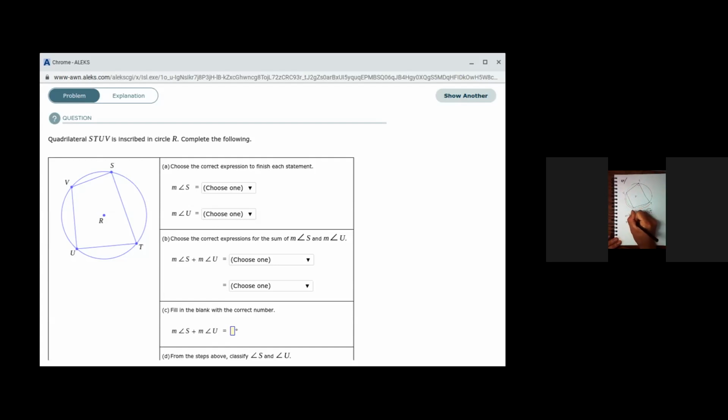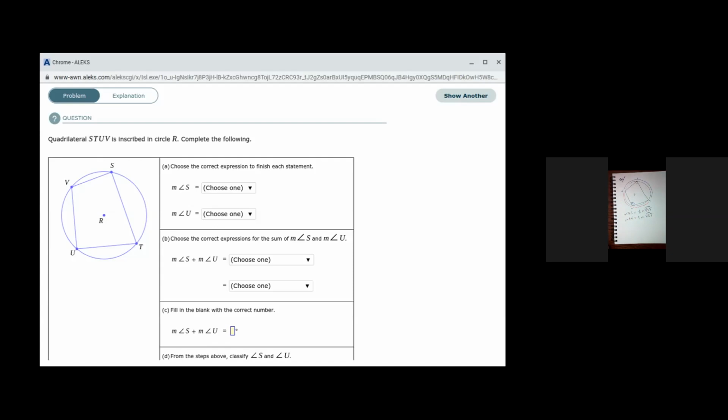So what do we know about the measure of angle U? Well, we know that one's also an inscribed angle. So we know its measure is half of this arc. So the measure of angle U is 1/2 the measure of arc VST. Cool. All right, choose the correct expression for the sum of the measure of S and the measure of U.